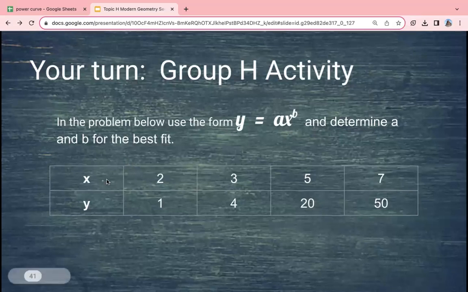So your values given for x are 2, 3, 5, and 7, and then the values for your y are 1, 4, 20, and 50. So you can write this down, and then you can message us for your answer. And please refer to the previous graph for this particular activity.